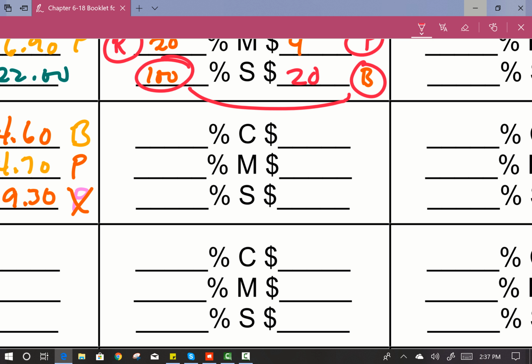Just to keep you in mind right here, I'm going to go back to a different sheet, but the cost plus the markup is equal to your selling price, and your selling price minus your markup is equal to your cost.